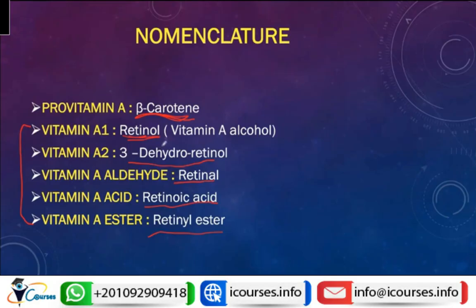When vitamin A is present in the alcohol form, it is called retinol. If it is aldehyde, it is called retinal. And if it is esterified, then it is called retinyl esters. So these are the main forms of vitamin A that we will talk about in the metabolism of vitamin A.